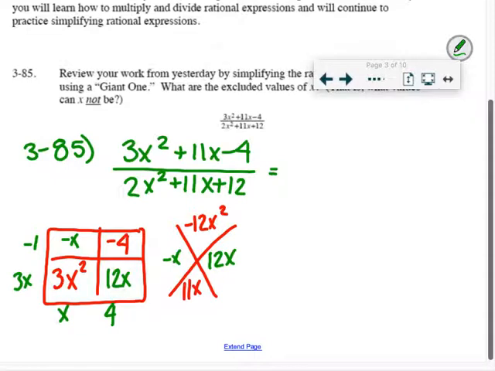So now my numerator can be rewritten as 3x minus 1 times x plus 4. I need to use the same process for my denominator.